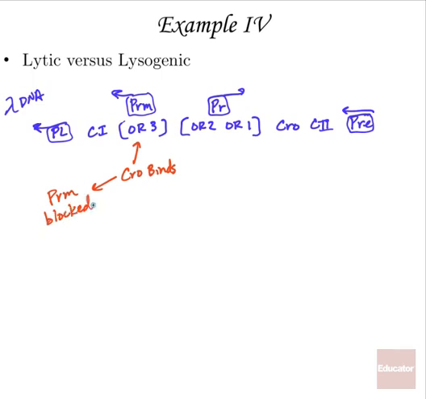This will lead to PR and PL, PR right here, and PL, being the promoters in charge of transcription. This will lead to lysis of the bacterial cell.